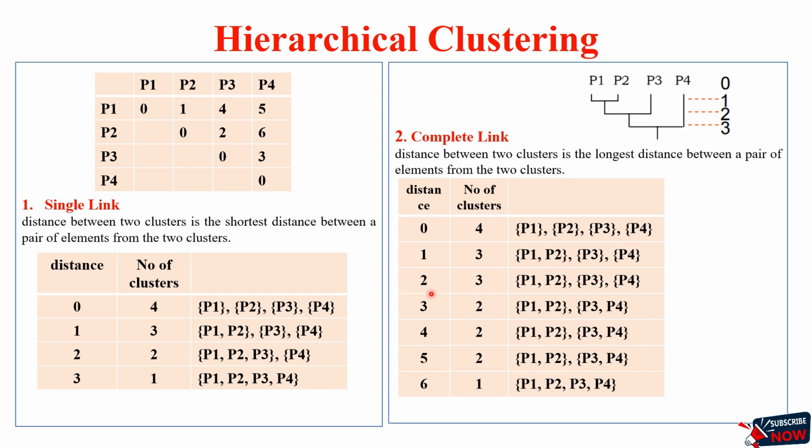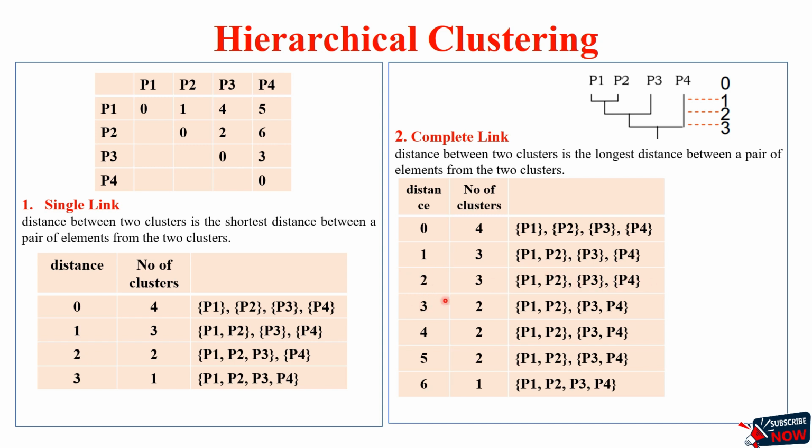When the distance is 2, from the distance matrix, we can find only P3 is within the threshold with P2. And as far as complete link is concerned, both P1 and P2 should be within the threshold to P3. Only then could both the clusters be merged. So that will remain as such. We can't merge as of now.